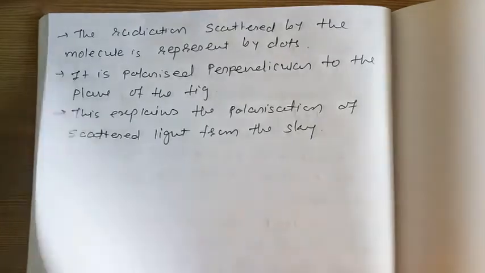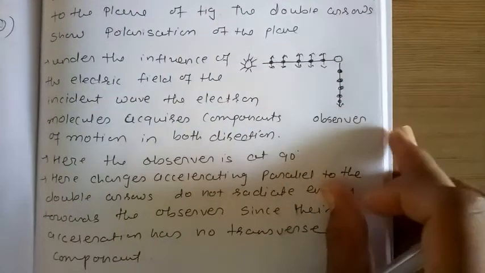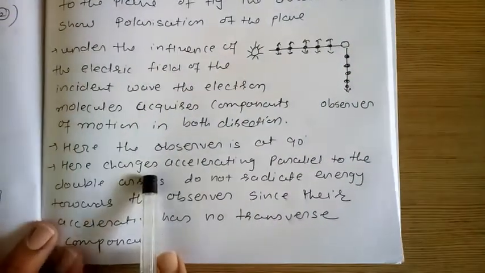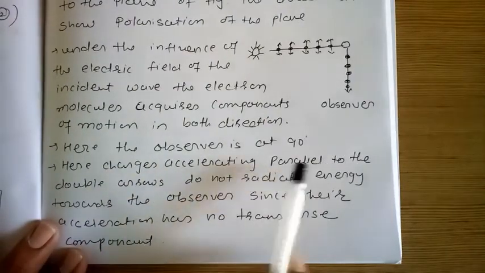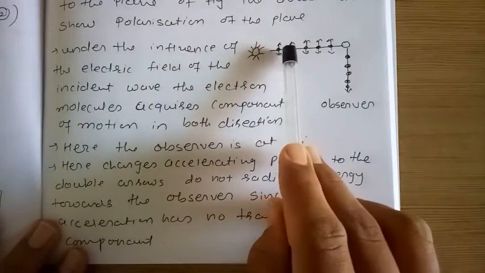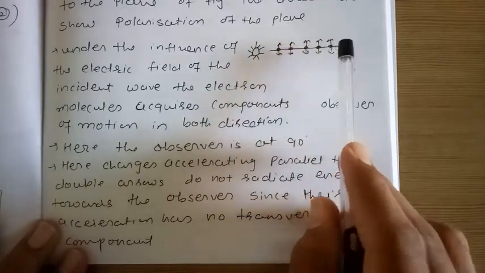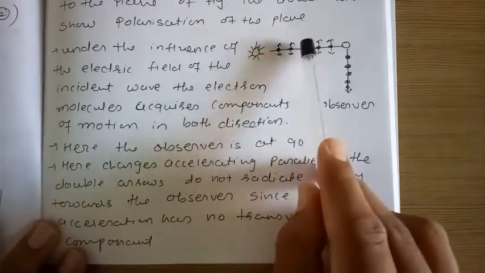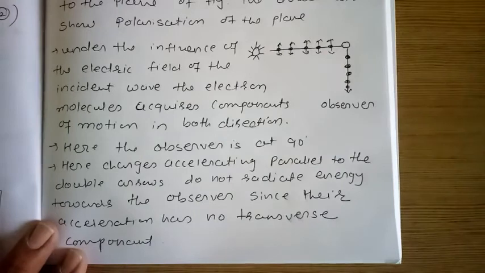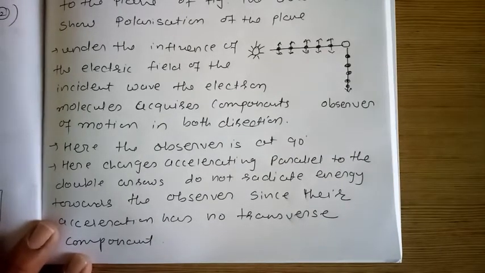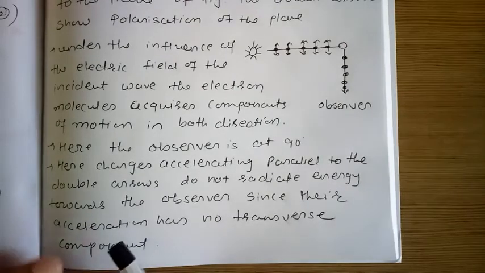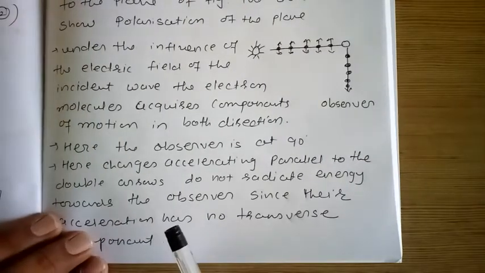See here, the charges accelerating parallel to the double arrows do not radiate energy, so their acceleration has no transverse component.